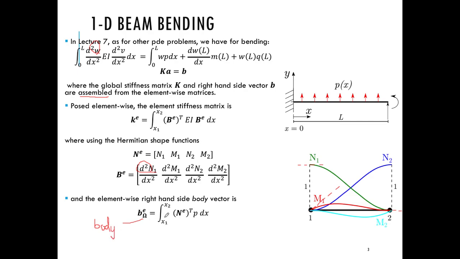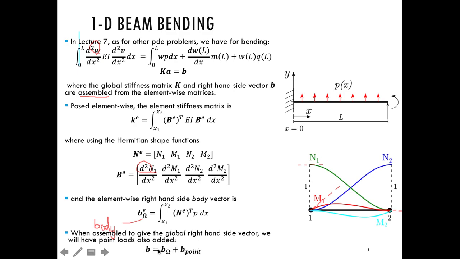So B omega consists of this expression, which has an integral of the shape function matrix and the distributed transverse load acting on the beam, right? Once we've got our element-wise body vector, we assemble this into the global body vector. That is, we assemble it into the global B omega.